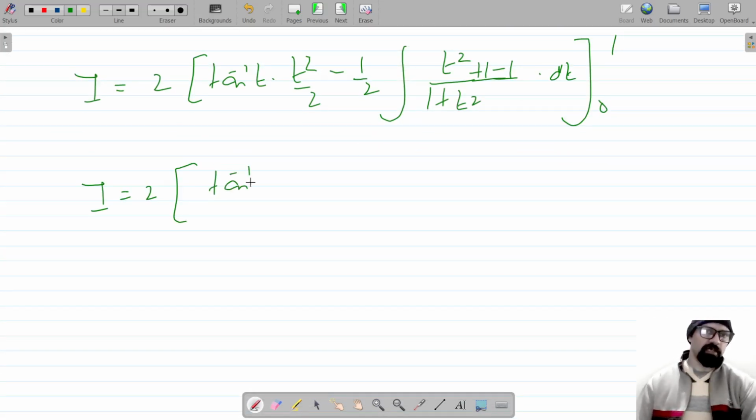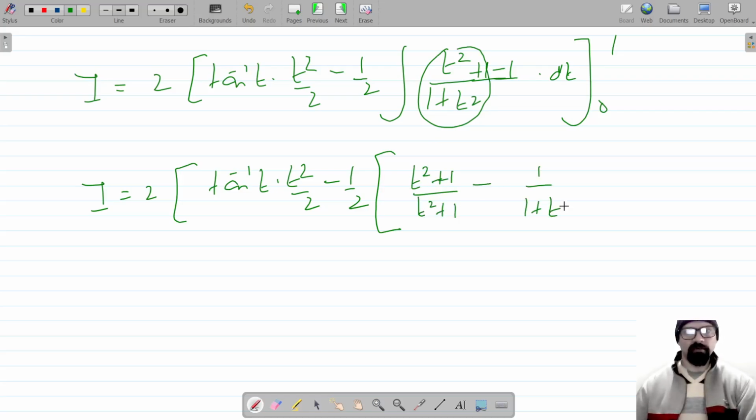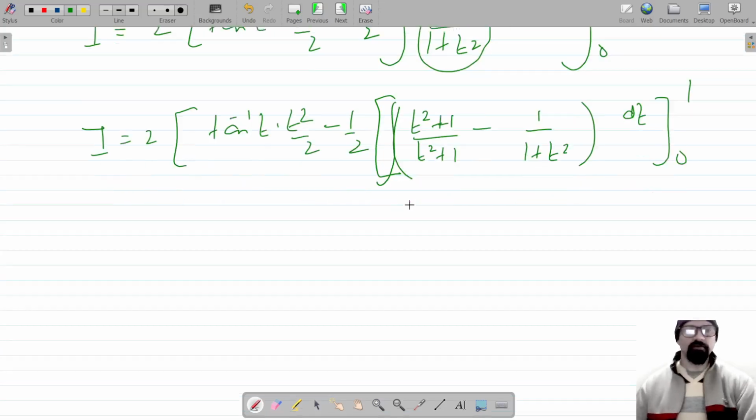This is tan inverse t into t square by 2 minus half. यहाँ पे फिर एक स्क्वायर ब्रेसेस लगाएंगे, इसको करेंगे अलग t स्क्वायर प्लस 1 के साथ। तो t स्क्वायर प्लस 1 अपॉन t स्क्वायर प्लस 1 माइनस 1 अपॉन 1 प्लस t स्क्वायर, this is the integration of dt and limits 0 to 1.